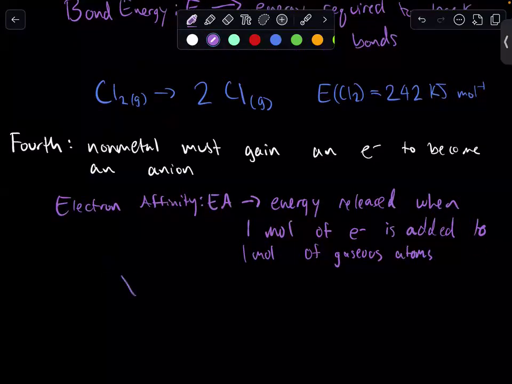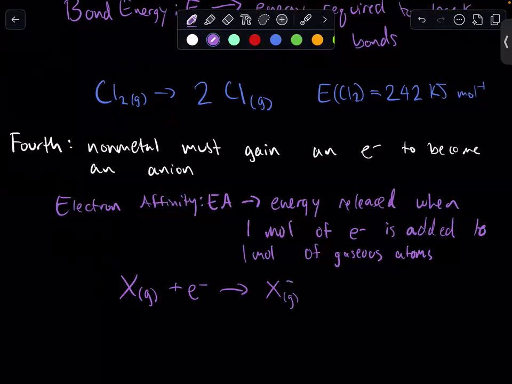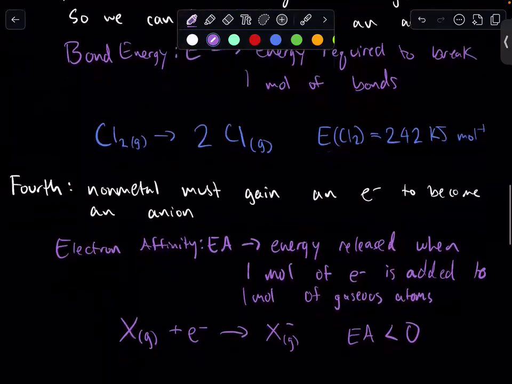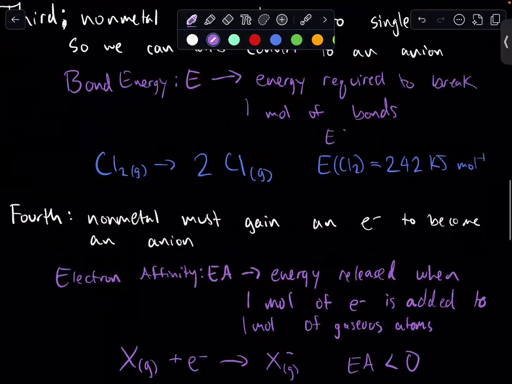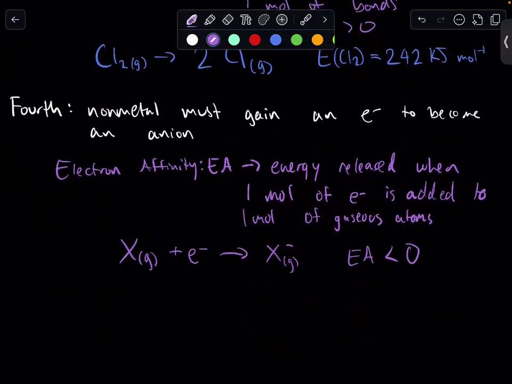So this is generally represented by the equation X gas plus electron reacts to form X gas with a negative charge. This electron affinity, because it's energy being released, is always less than zero. So far, we've had positive, oh, that's a correction up here. Bond energy is always greater than zero, as breaking bonds requires energy. It's endothermic. But electron affinity is always going to be less than zero.